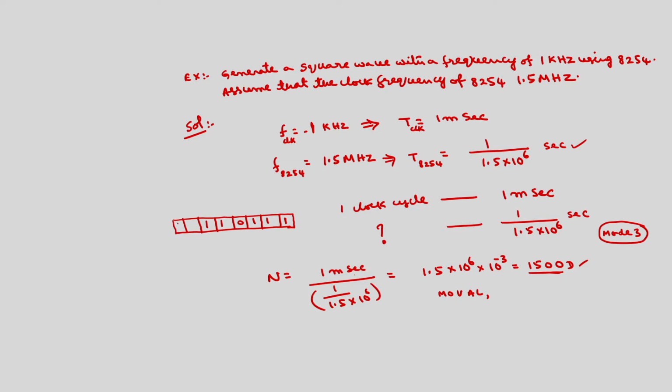If I use counter 0, this will be 37H. Out, the address of the control register is 03H for the interface connection that we have shown in the earlier class, comma AL. This is the mode set.